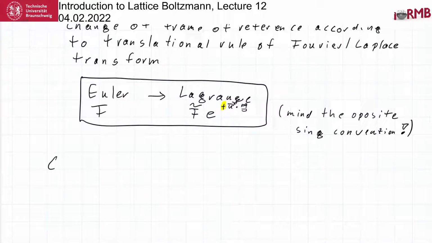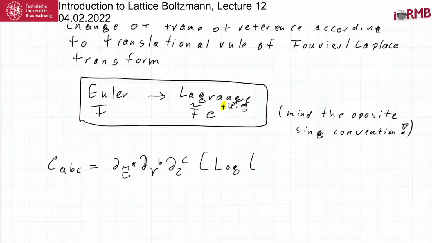So this means if we do this transformation, say for a, b, c, equal to these derivatives, I'm not good at writing these Greek letters. We have the logarithm of f, e to the u xi, and xi goes to 0.